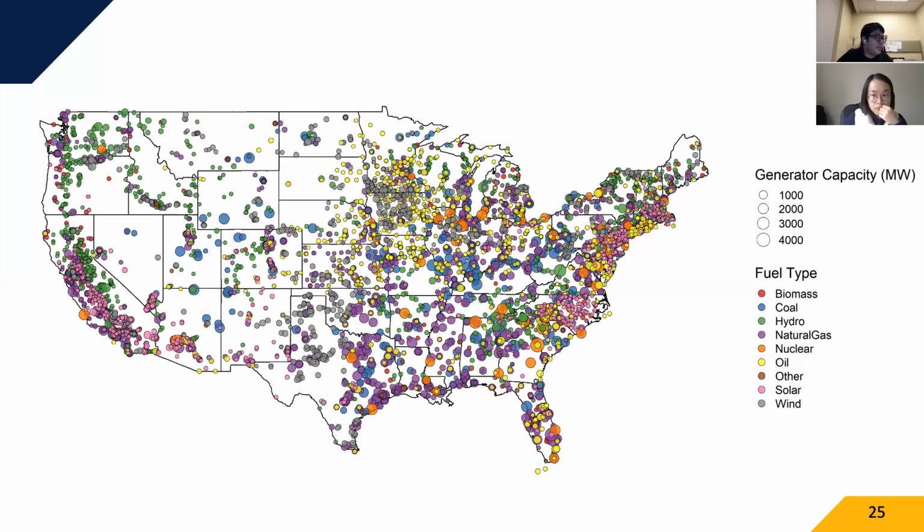We were talking a lot about coal and natural gas plants today, and what you'll notice on the West Coast is that you have a lot fewer coal plants. In fact, there are no real operating coal plants in California.